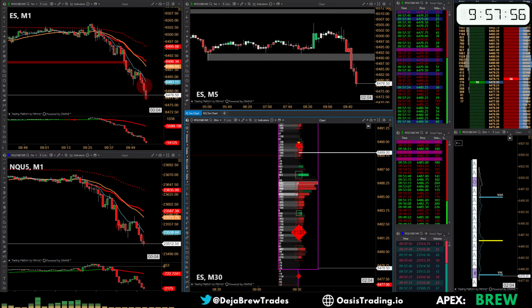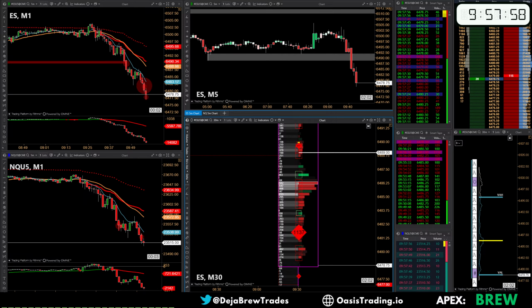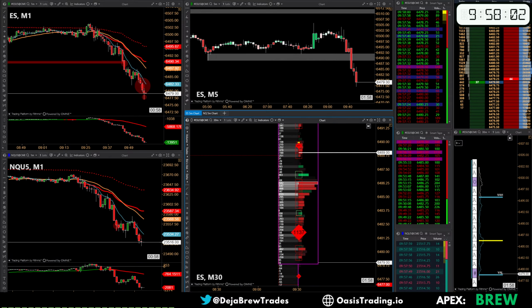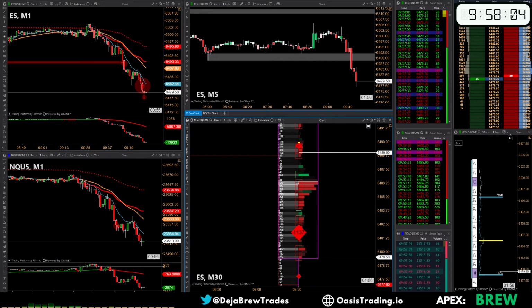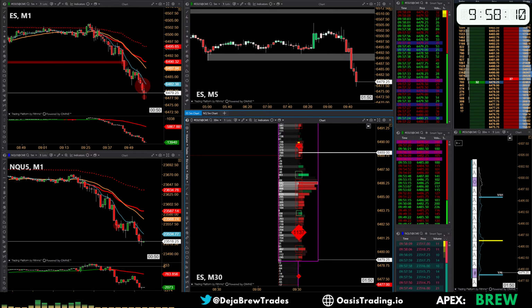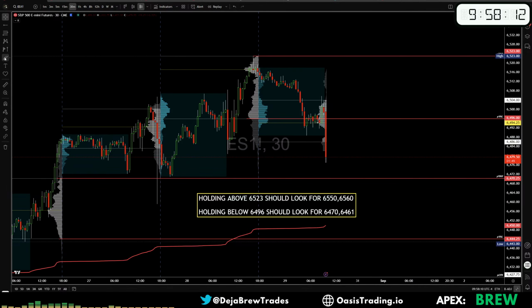You lose the value low, you extend the lower tail. The other one is you basically act like the value high is not even there. And then it has the overnight fade, right? And you go back to the overnight high. So obviously we're doing the first scenario. You failed the value high pretty much immediately and then just nuked.